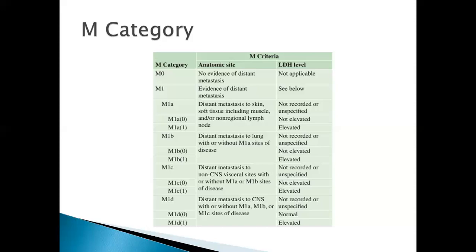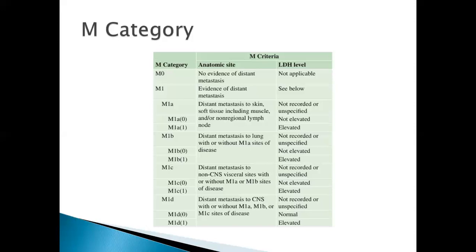Okay, so if your patient has melanoma and they only have distant metastatic disease to the brain, you would assign M1D and then the subcategory if possible. If the patient had distant metastatic disease to the lung only, you would assign an M1B and then the subcategory if the LDH was performed.